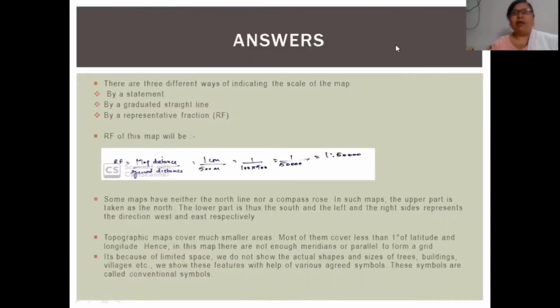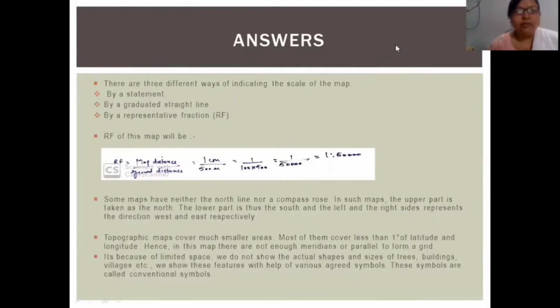So RF of this map will be RF equal to map distance upon ground distance equal to 1 centimeter upon 500 meter, which is equal to 1 upon 100 by 500, equal to 1 upon 50,000 meter. So the ratio is 1:50,000.